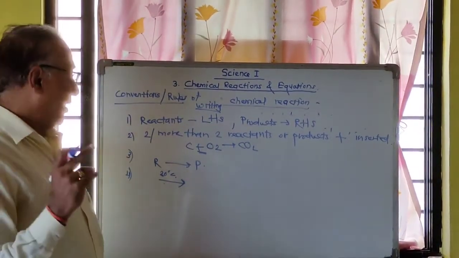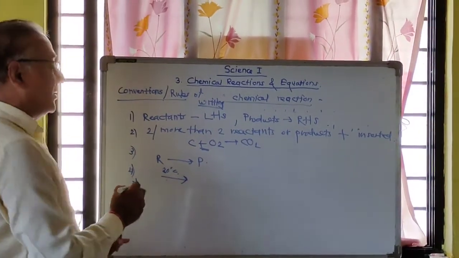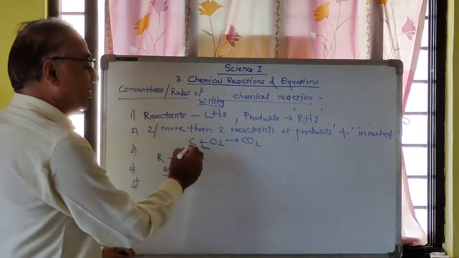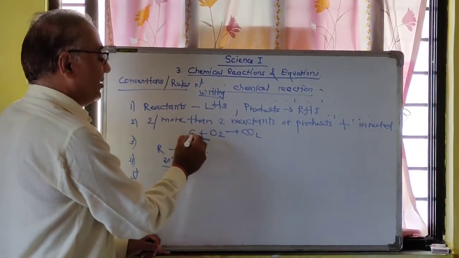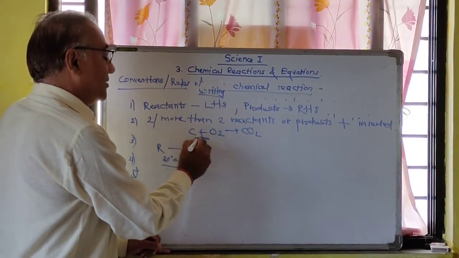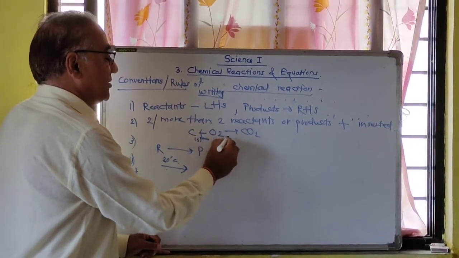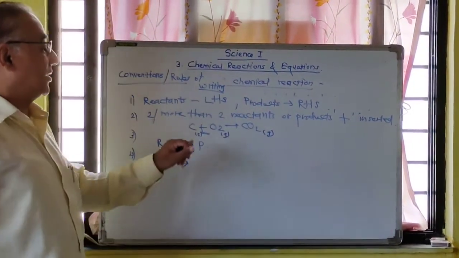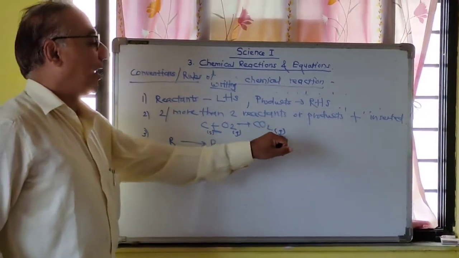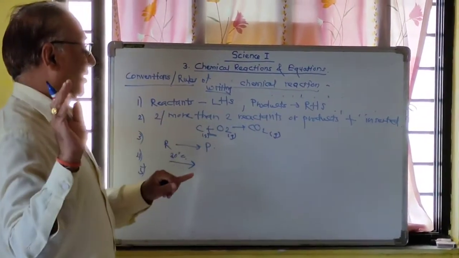The fifth rule is that you have to write down the state of the reactant and product. For example, in this equation, carbon is in solid state, oxygen is in gaseous state, and carbon dioxide is also in gaseous state. The state of the reactant and product must be indicated. Right?